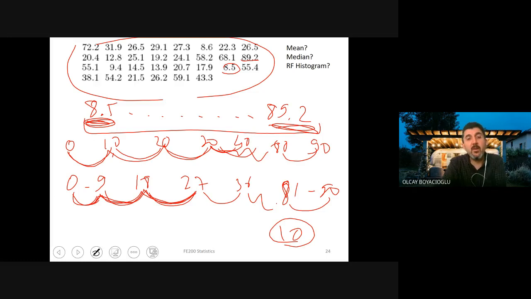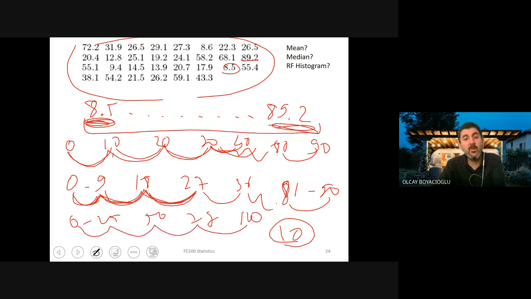Or you can go with a class width of 25, maybe 0 to 25 and 25 to 50, 50 to 75 and 75 to 100. This could be your graph as well. However, in this case, you would have 4 classes, right? 1, 2, 3, 4 classes.